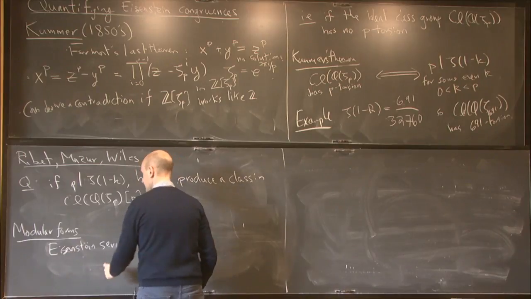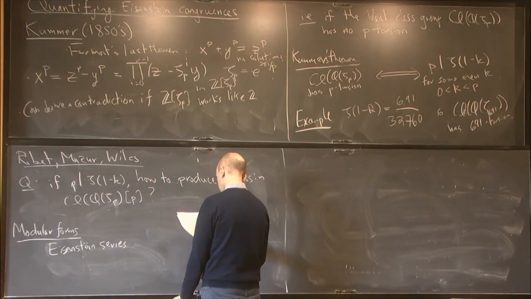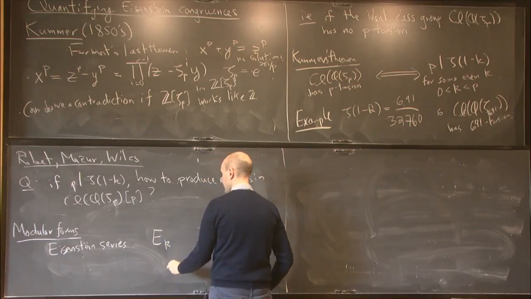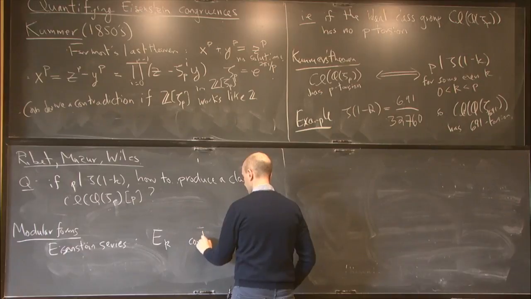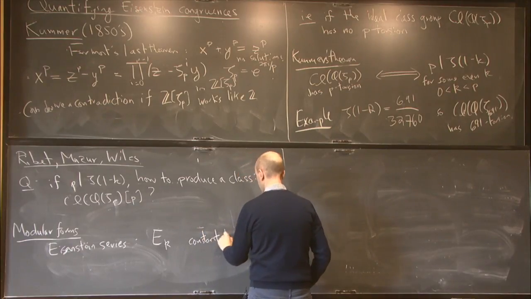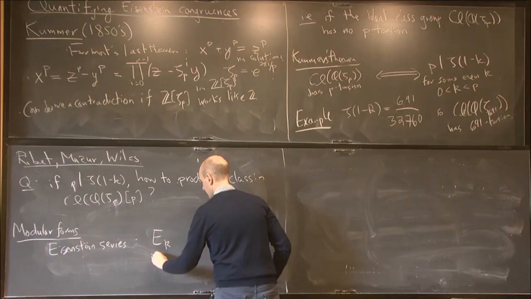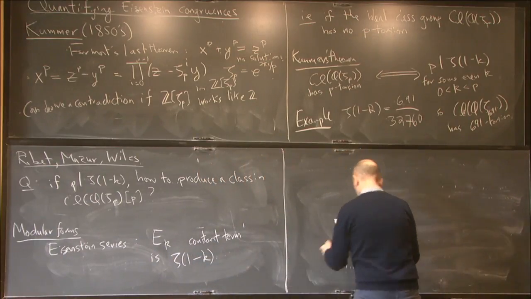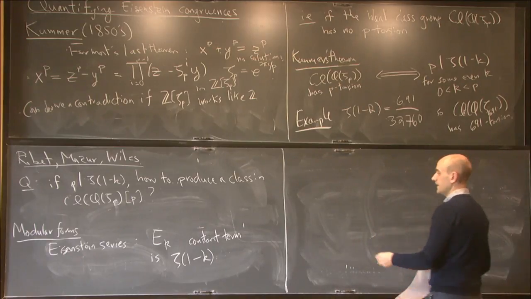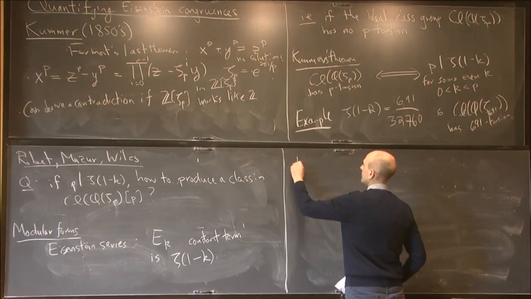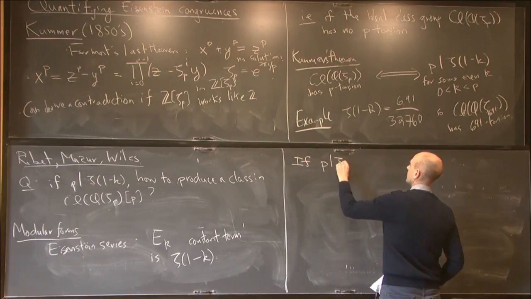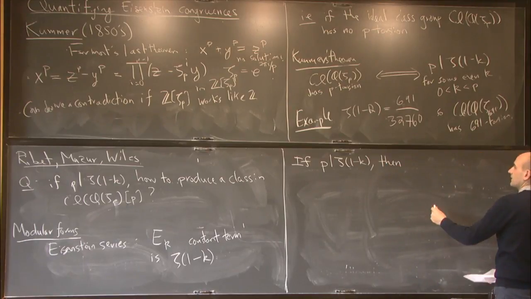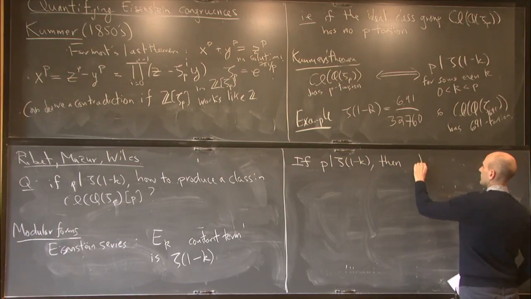So the Eisenstein series is the first example you learn of a modular form, and they can be labeled by numbers k, and the constant term is zeta of 1 minus k. So that means that if p divides zeta of 1 minus k, then what you can prove is there's a congruence.